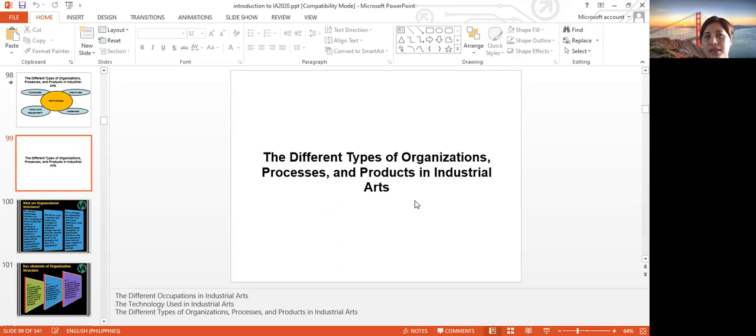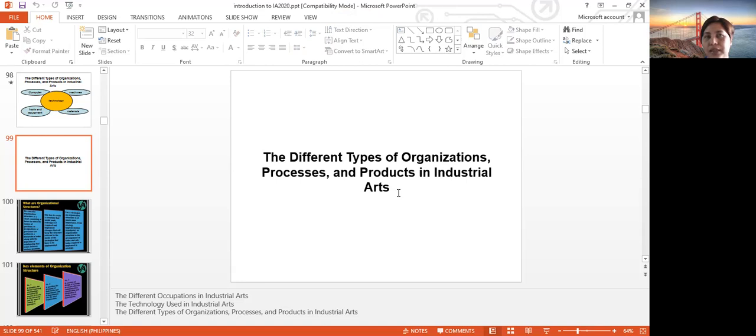And the learned skills will give us a lot of resources to make something new, to make products that are relevant to the needs of the society.